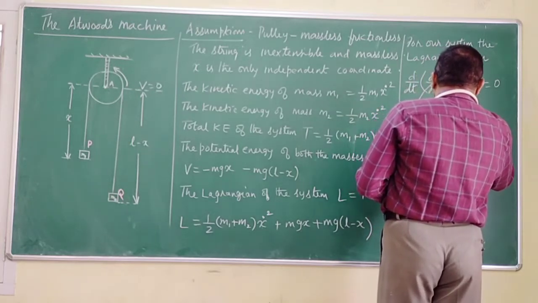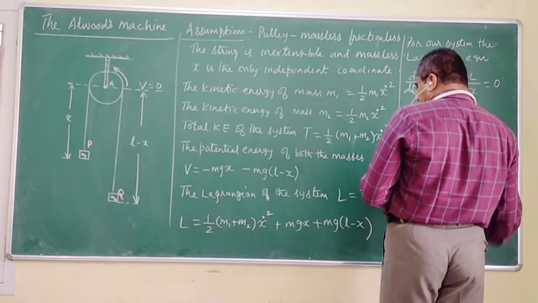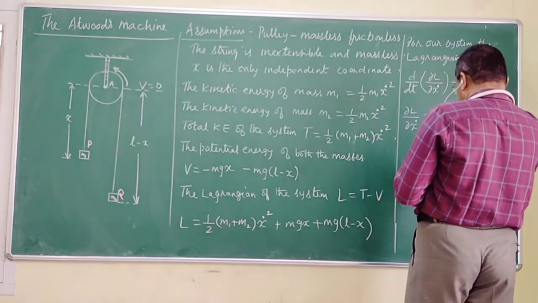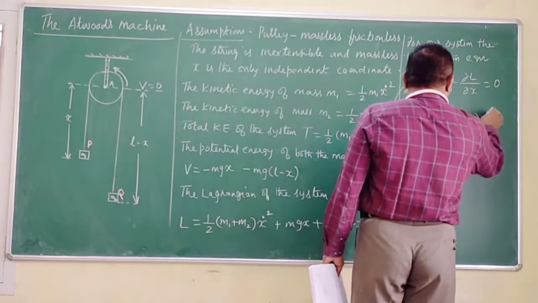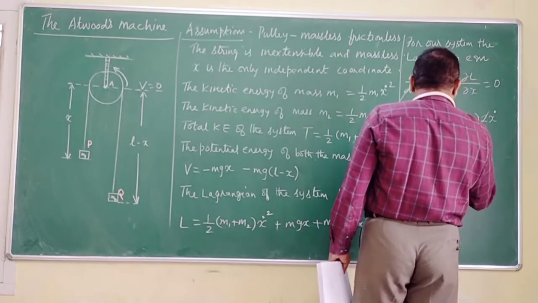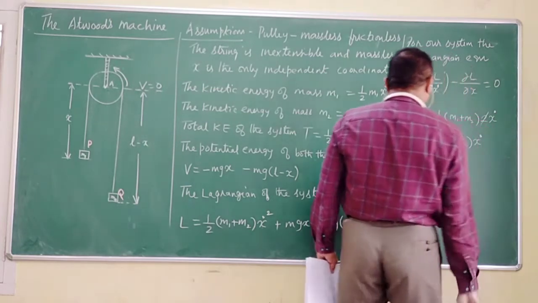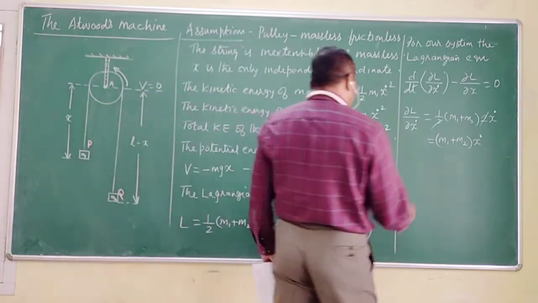m1 plus m2 into x dot. 2x dot, am I right? 2 will go off to give me m1 plus m2 into x dot. Similarly, I have to find out ∂L/∂x.